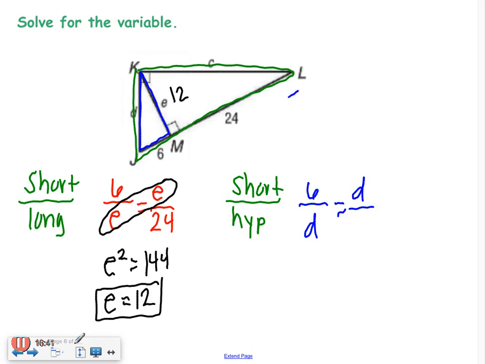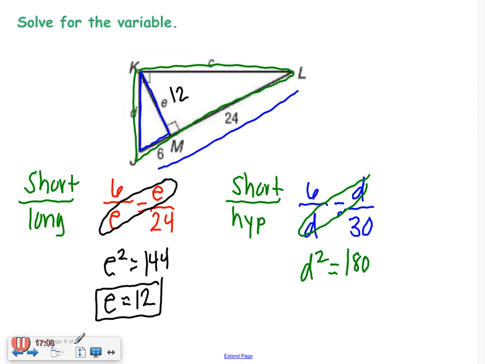Yep. Right, we got to add these two to get 30. Again, you know you're in the clear when you get those geometric means the same. The means are the same. D squared equals 180. We already know what that one simplifies to. What did we get before? 6 root 5, I believe, right? That was nice.